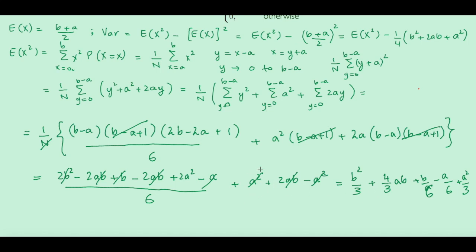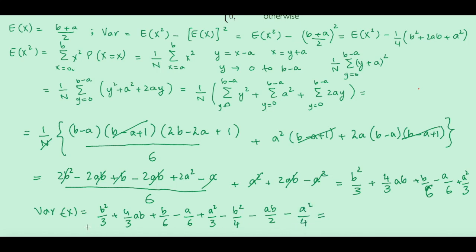Okay, so now what is the variance? We have to subtract the square of the mean. So the variance of x is equal to b squared over 3 plus 4 over 3 ab plus b over 6 minus a over 6 plus a squared over 3 minus b squared over 4 minus ab over 2 minus a squared over 4.